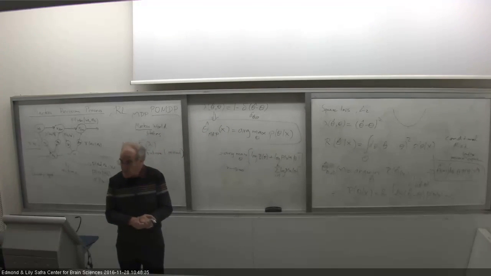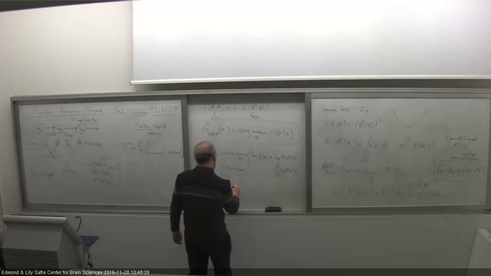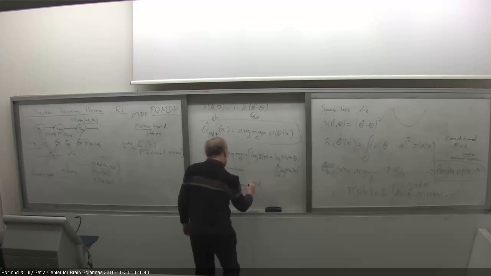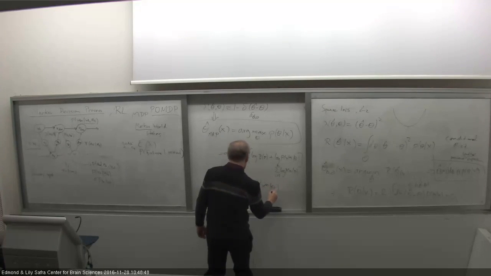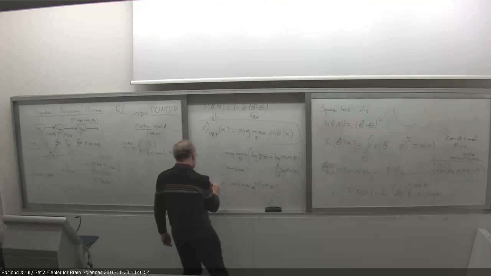We saw this already. So this is going to be very similar to the arg max of the log p of x_n given theta, and this is called the theta maximum likelihood.